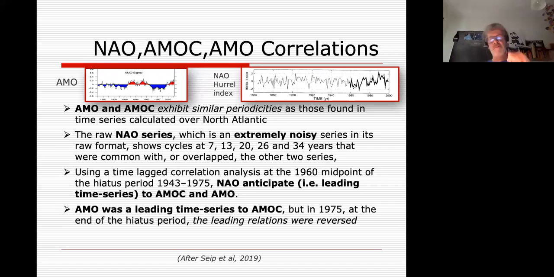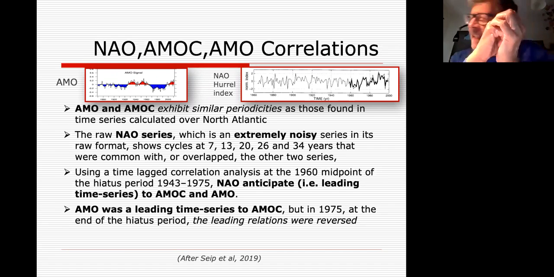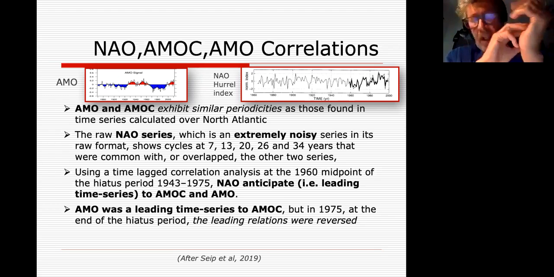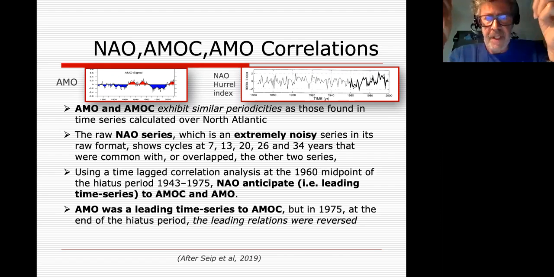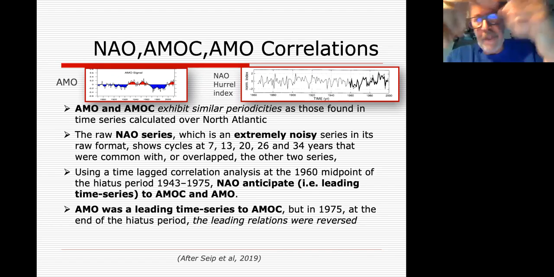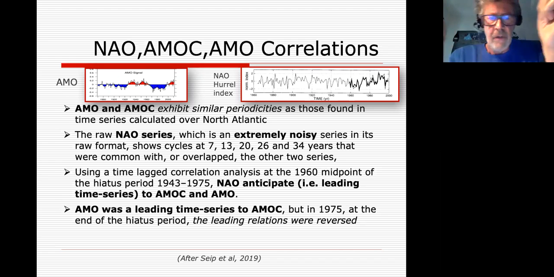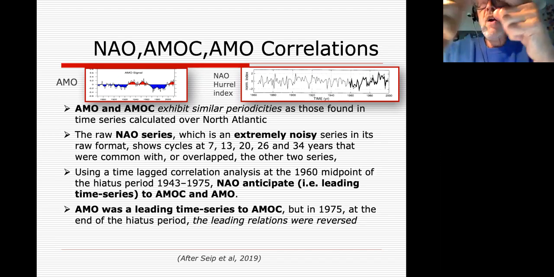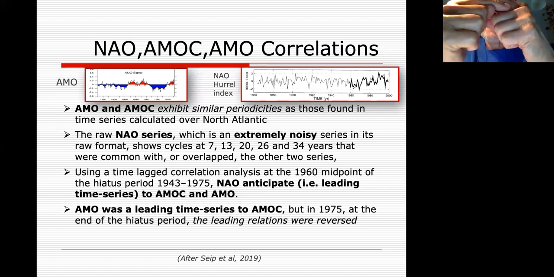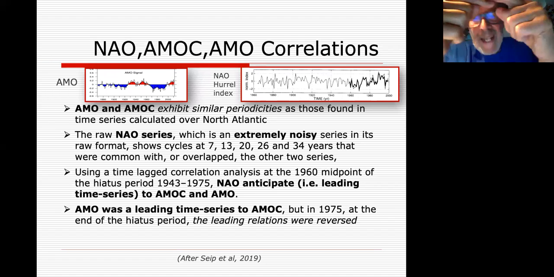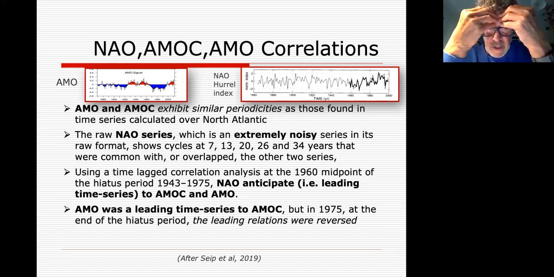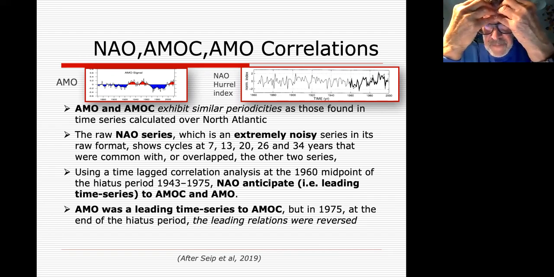To extract something more sensible, a clever way is to try to find a correlation between the two time series that you are interested to compare, in this case, NAO and AMOC or NAO and AMO, and see where the correlation is maximum by lagging one series compared to the other. So this is called time lag correlation analysis.